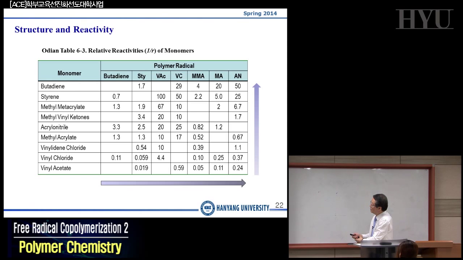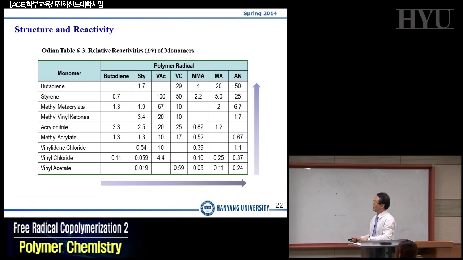Butadiene monomer will meet the butadiene radical. Butadiene monomer will meet the styrene radical, and so on. So you can see the relative reactivity of the monomers versus the radicals, which is given on the right-hand side.